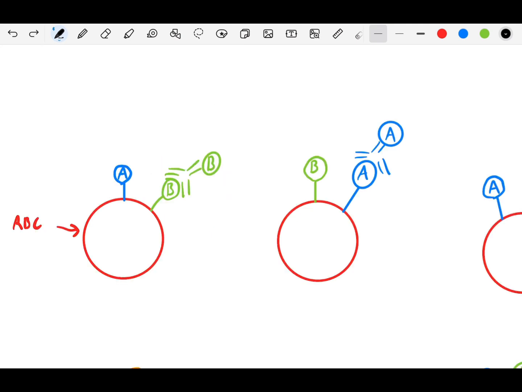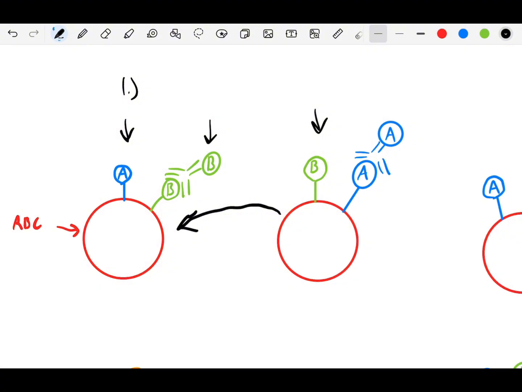Now that I've broken those down, we're going to discuss some of the basics of blood transfusion. We have our person here who has type A blood, and our person with type B blood. The reason someone with type A blood cannot receive a transfusion from someone with type B blood is that if you give this person with type A blood type B blood, we already know that person 1 has anti-B antibodies.